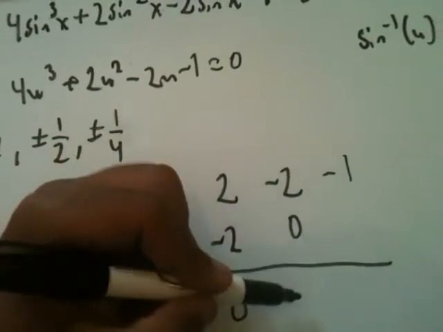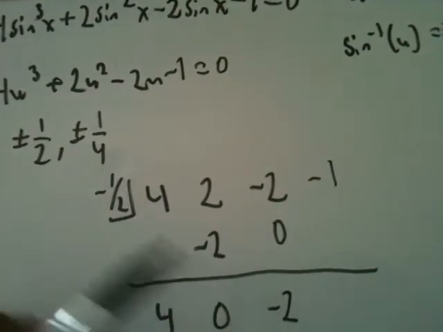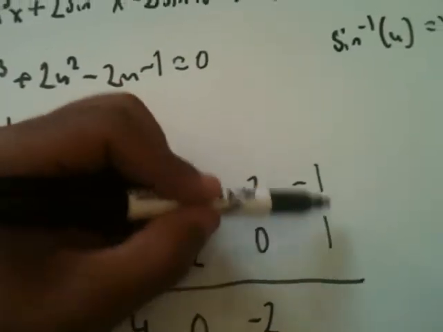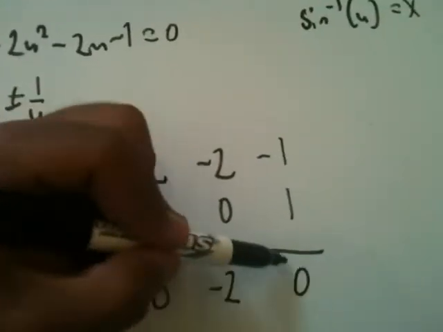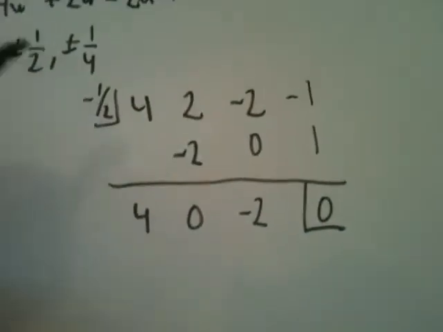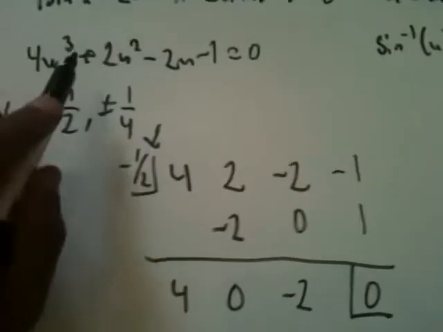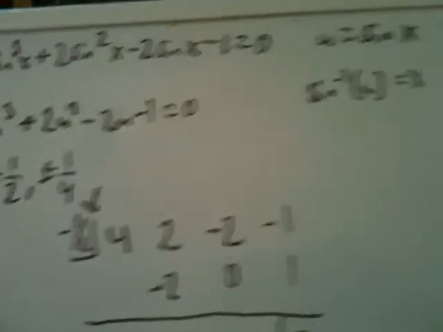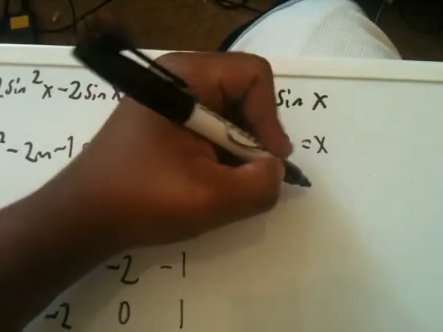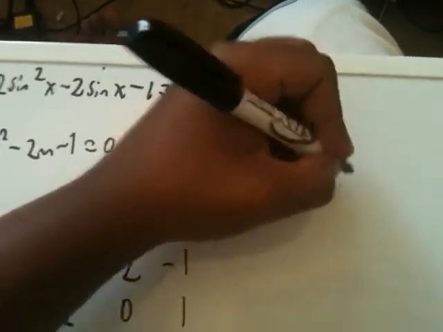Minus 2 plus 0 is minus 2. And minus 2 times minus 1/2 is 1. Minus 1 plus 1 is 0. We got a 0. Therefore, this is a root of this equation. So I'll just put that off to the side: u equals minus 1/2.